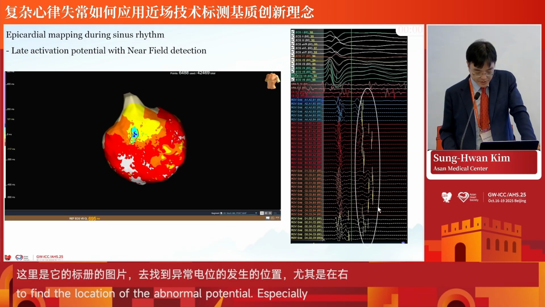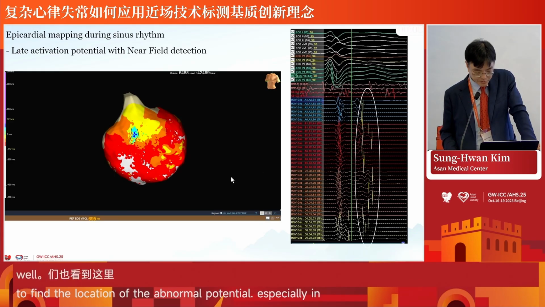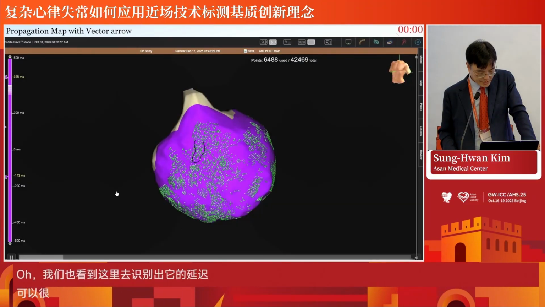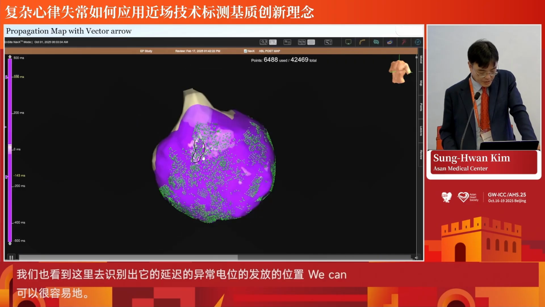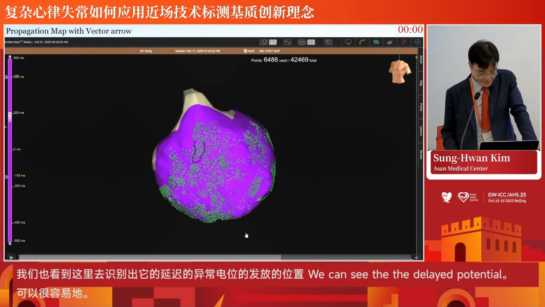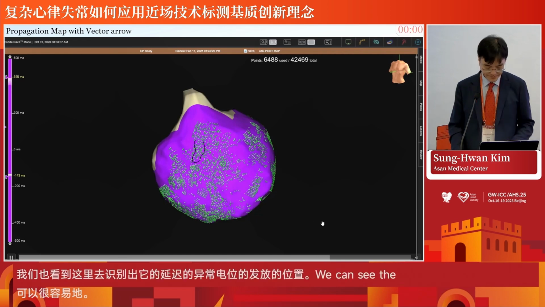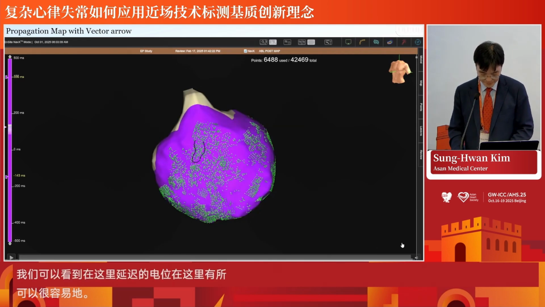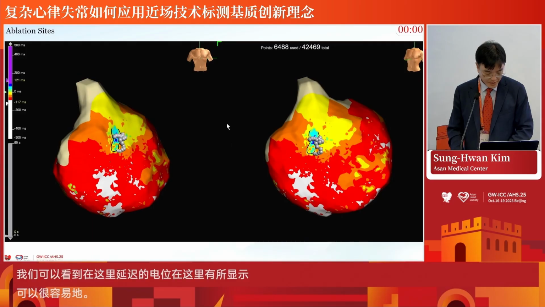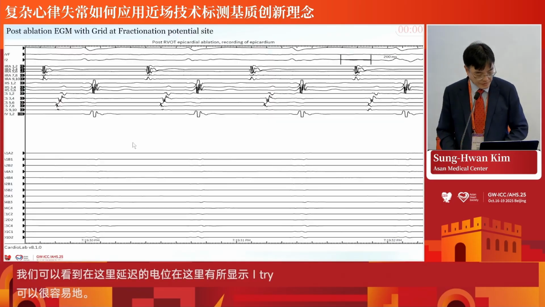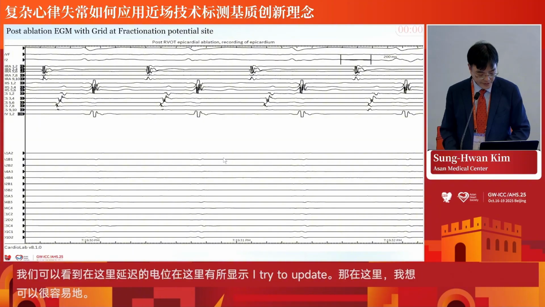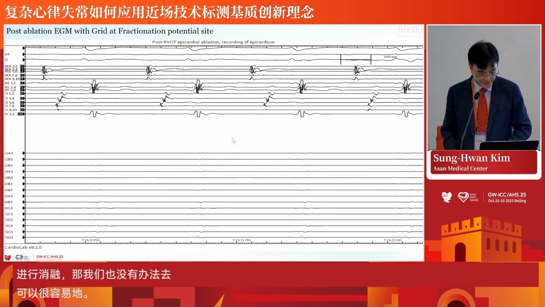The HD grid catheter makes it very easy to identify such delayed potentials in Brugada syndrome. We can see the delayed potential around here. I tried to ablate there, and we could not find any delayed potential on the epicardium after the ablation.